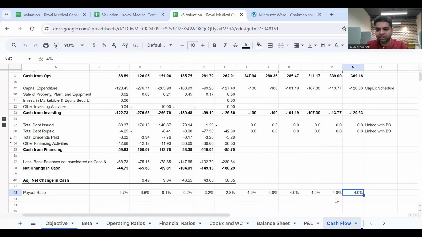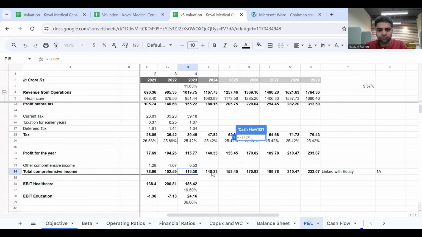So this is just an assumption. Since it's an assumption, let's put it in blue color, which was our convention. Now let's use this 4% to estimate our dividends. So dividend would be prefixed with a minus sign because it's a cash outflow. Go to P&L.